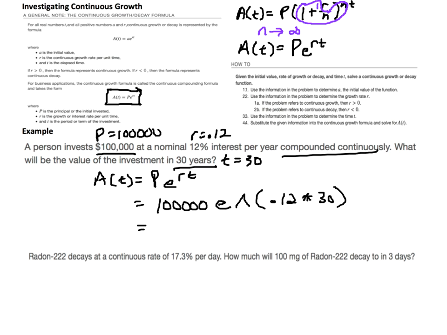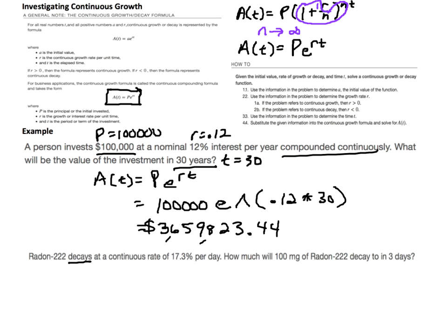When I put that into my calculator, 100,000 times E raised to the 0.12 times 30, I get the value of my investment as 3659823. I'm going to round to the cent, 44. So that is $3,659,823.44.